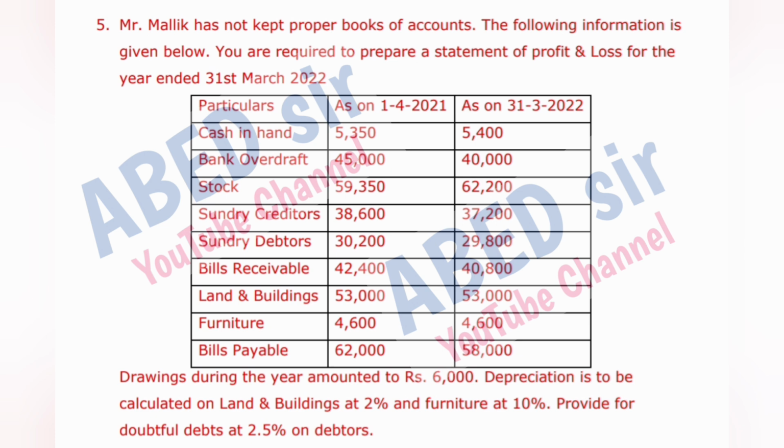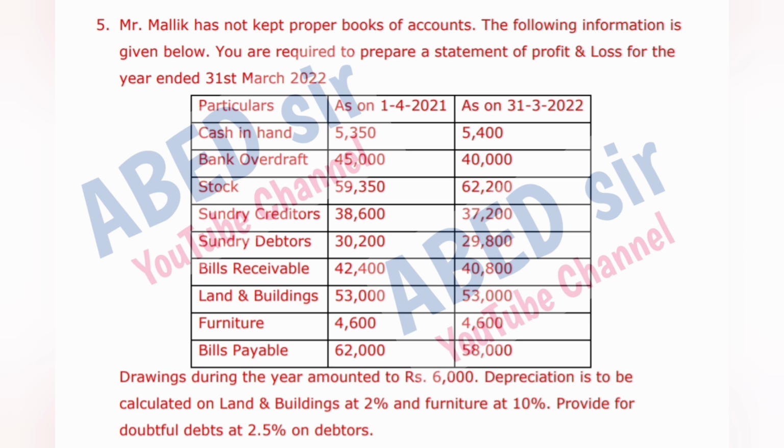Sundry debtors 30,200 and 29,800. Bills receivable 42,400 and 40,800. Land and buildings 53,000 and 53,000. Furniture 4,600 and 4,600. Bills payable 62,000 and 58,000.